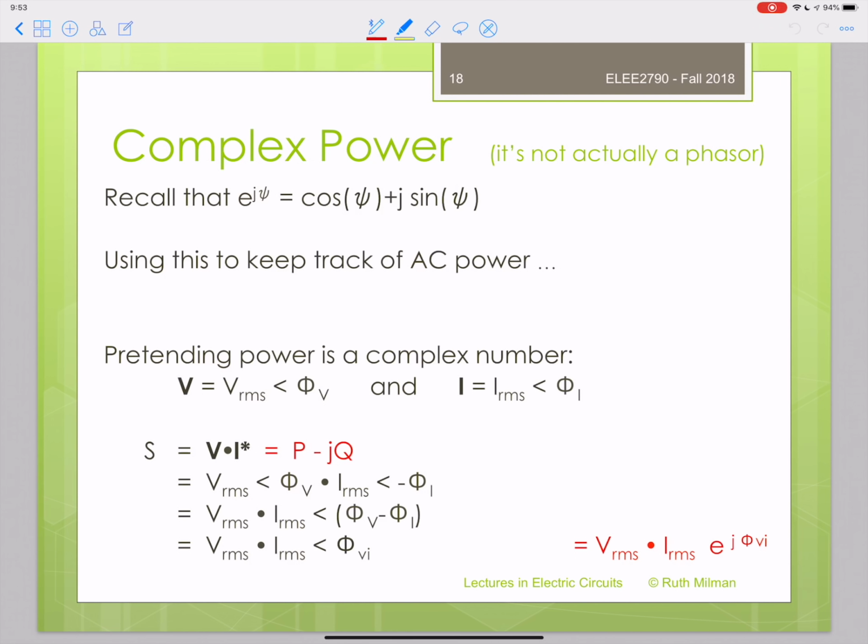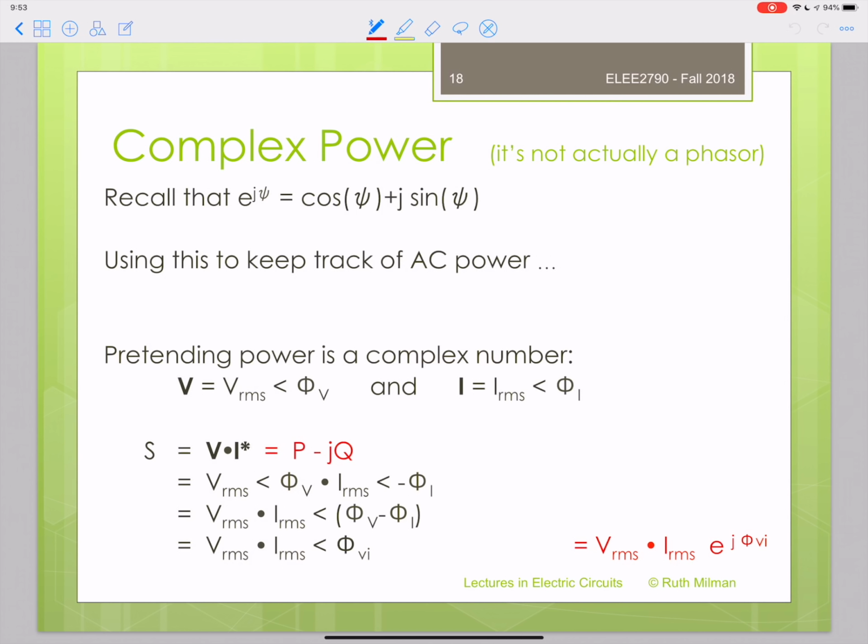It's just a useful way to notate the information that we have. And that's different from voltage and current in an AC circuit because those actually use phasors in order to do the calculations. In power, we can keep track of power based on phasors and based on this information, but we don't actually have phasors and we can't actually do all of our calculations this way.